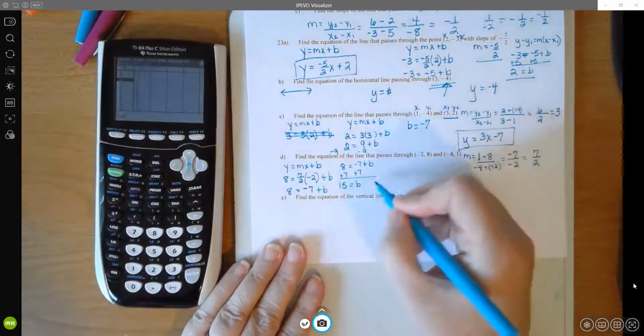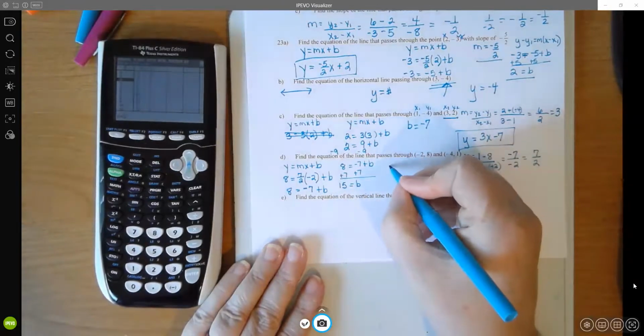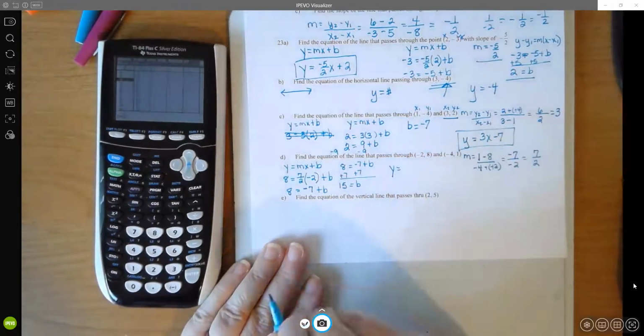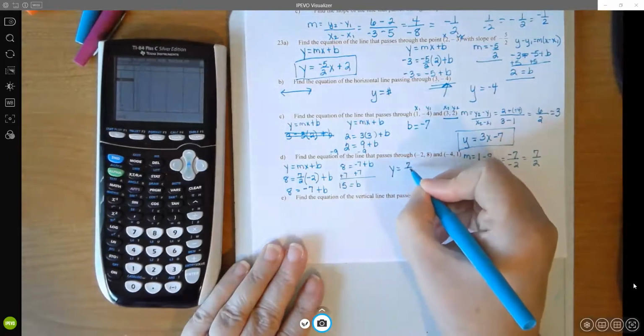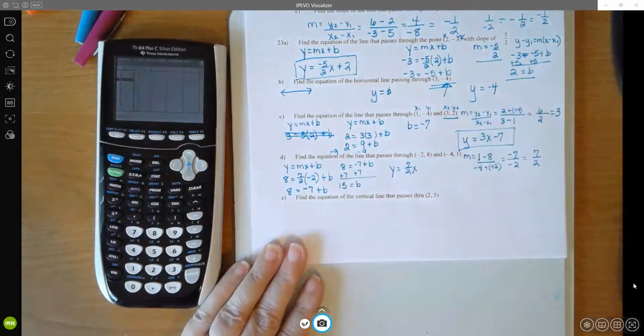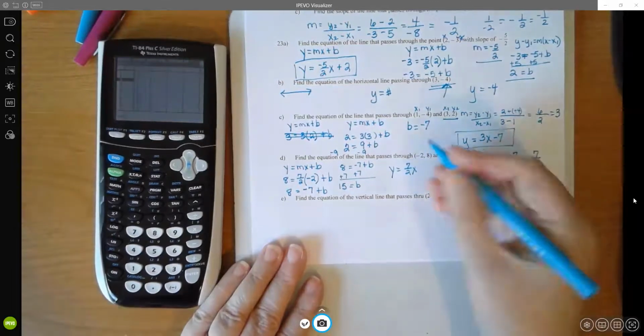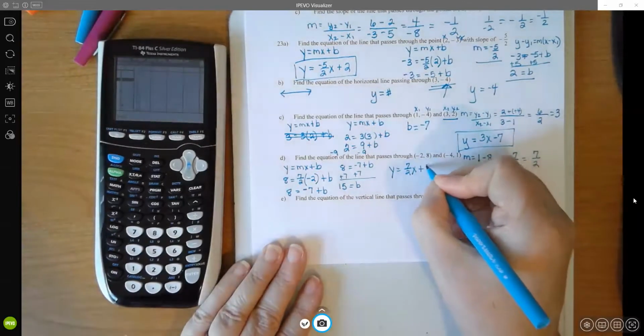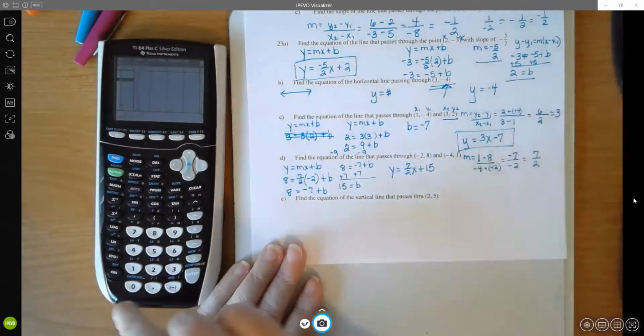Okay, and then next I'm going to write my equation. Y equals 7 halves x plus 15.